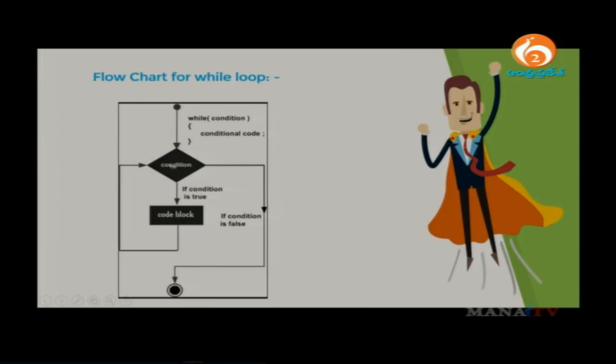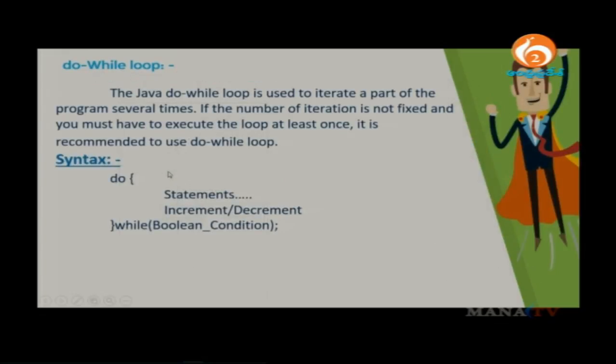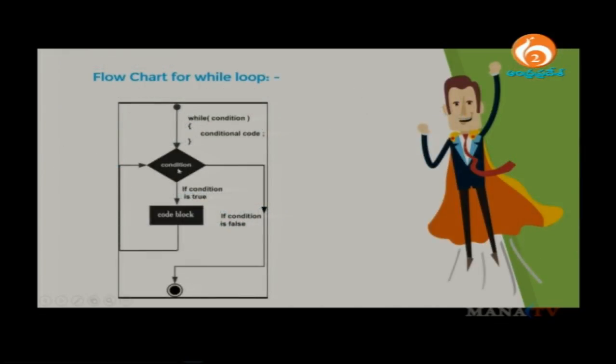Imagine that the second time it also returns true. Your block of code is executed for the second time, and once again it goes back to the place where your condition is defined. Again your condition will be tested. Imagine that again it returns true and it will execute this block of code. Then again it goes back to the place where your condition is defined.